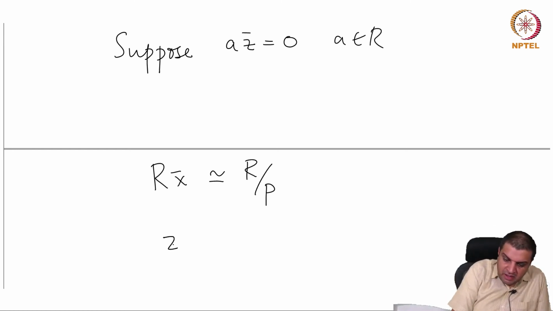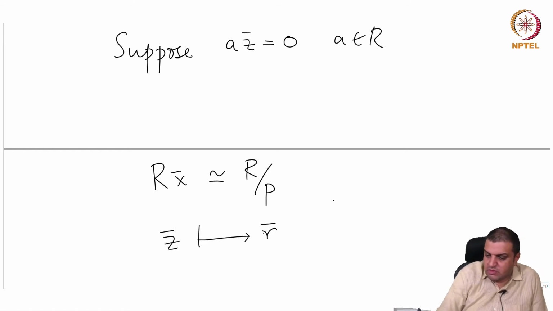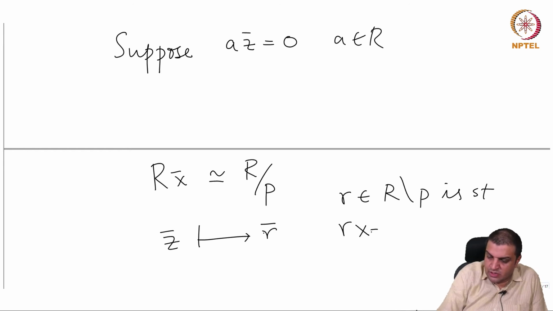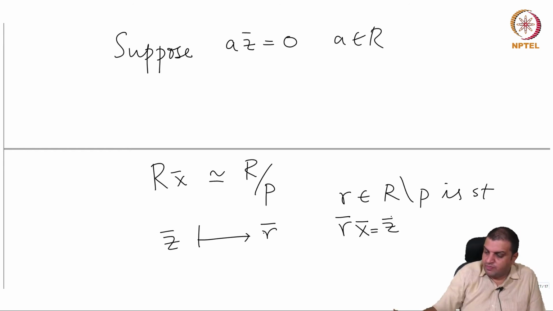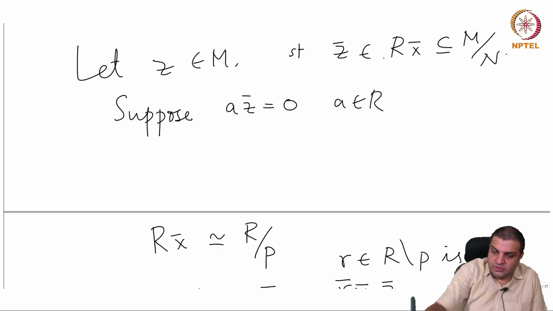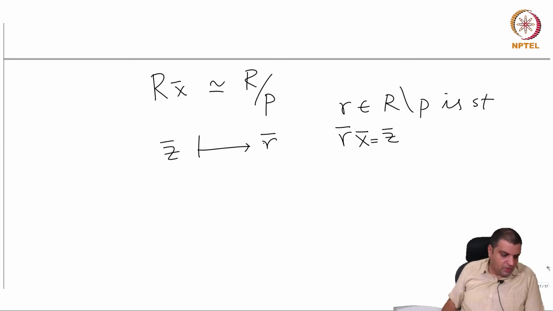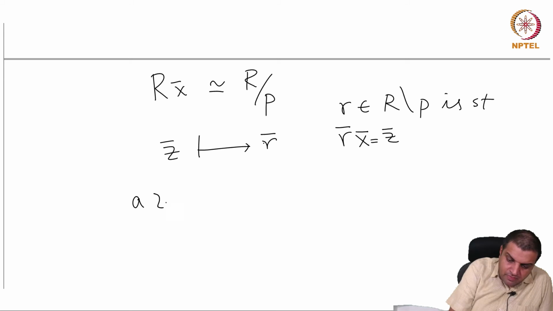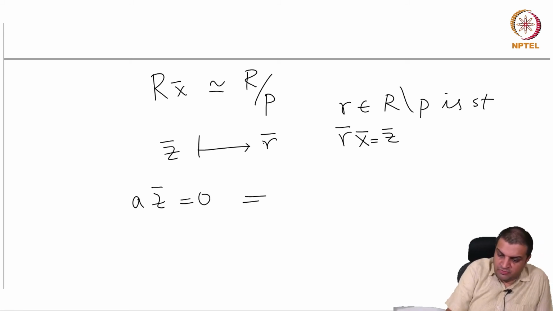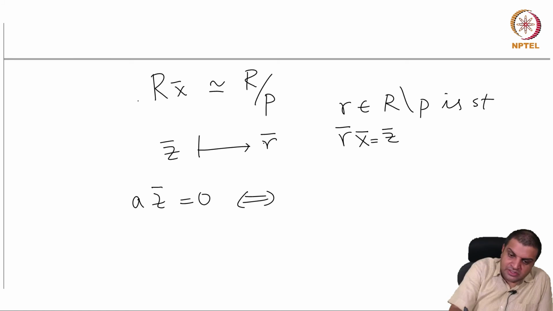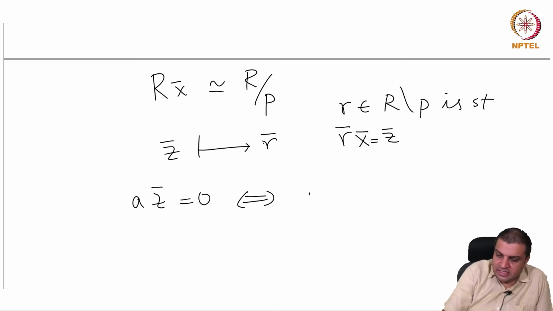And if z bar inside here under this map maps to some r bar, where r inside R but not in P, such that r x bar is equal to z bar. Such a thing exists because that's how we chose it. Okay. So we'll get a map like this. Then a z bar is equal to 0 if and only if, we're doing this calculation on this side, but it's the same thing as doing it over this side, a r bar is equal to 0 in R mod P.